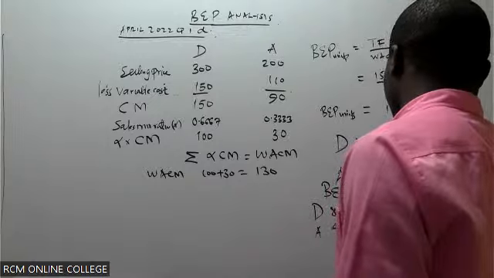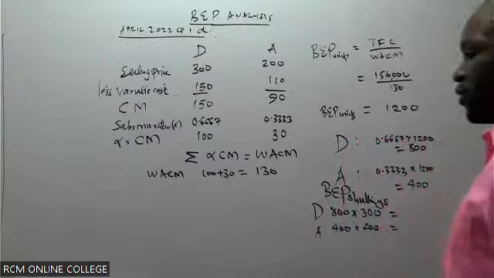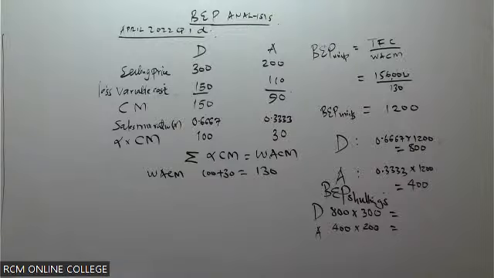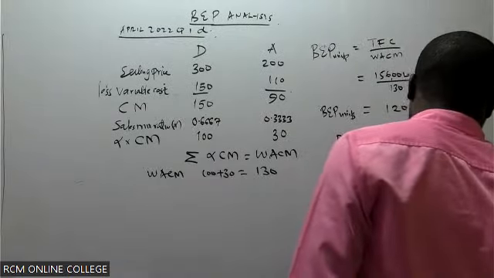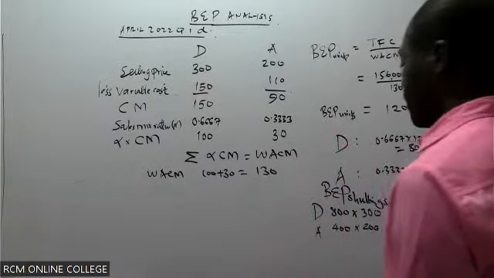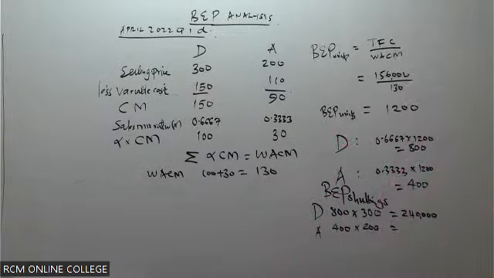So what do we have for D? D will give us 240,000. How about A? A will be giving us what figure?